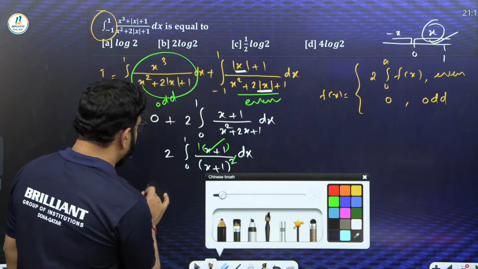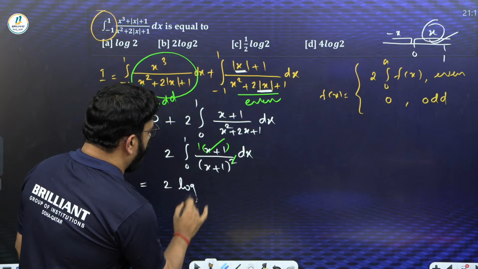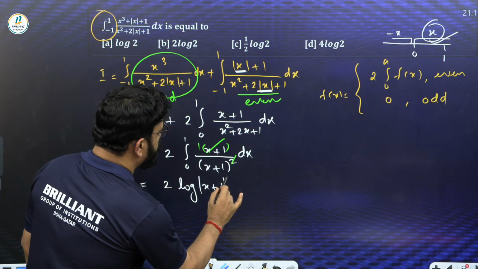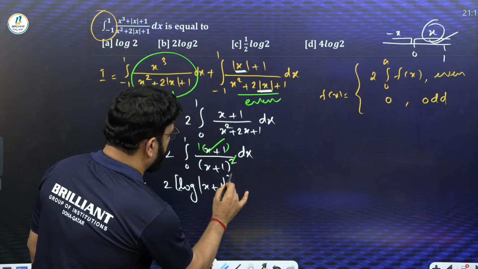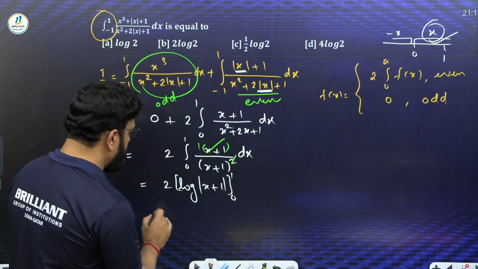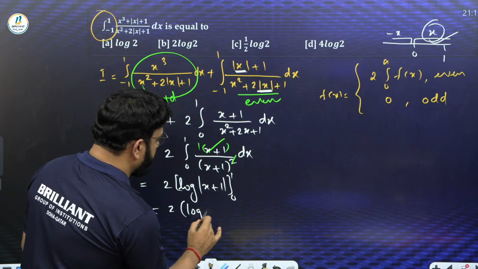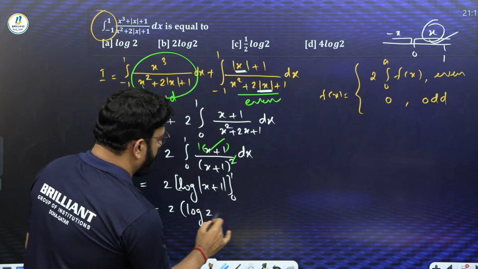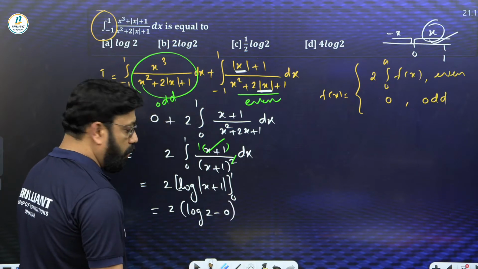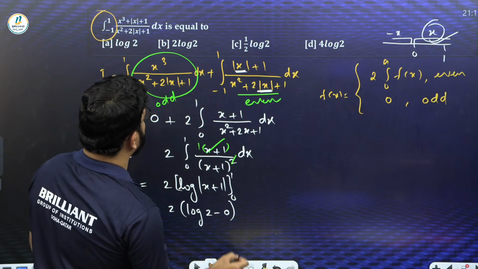Integral of 1 by x plus 1 goes to log modulus of x plus 1, with the limit 0 to 1. Give the limit: 2 into log of 1 plus 1, that is 2, minus log of 0 plus 1, log 1 goes to 0. The answer is 2 log 2.